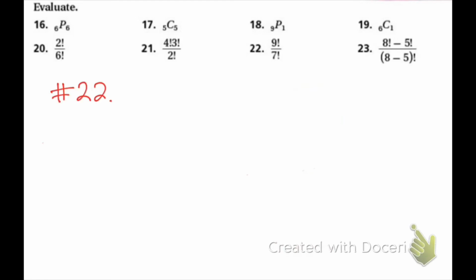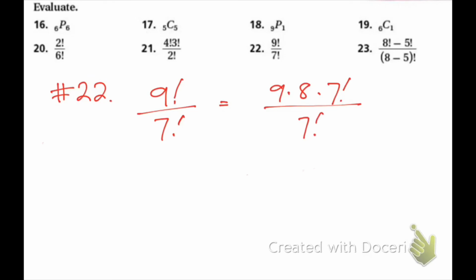Number 22, 9 factorial over 7 factorial, 9 times 8 times 7 factorial over 7 factorial. Those cancel. 9 times 8 is 72.